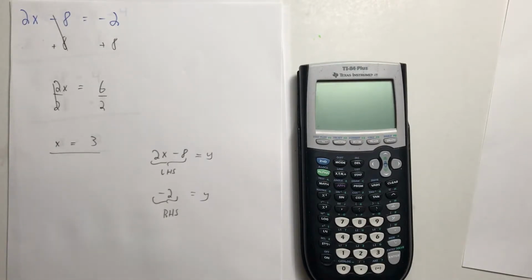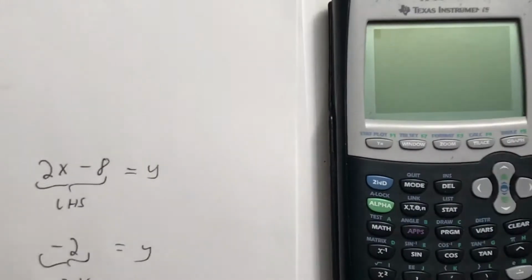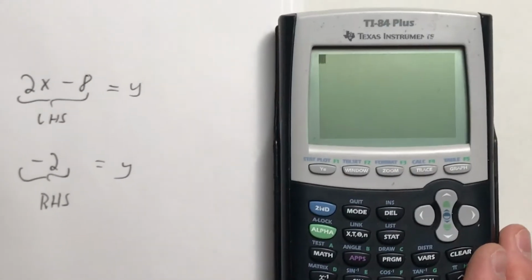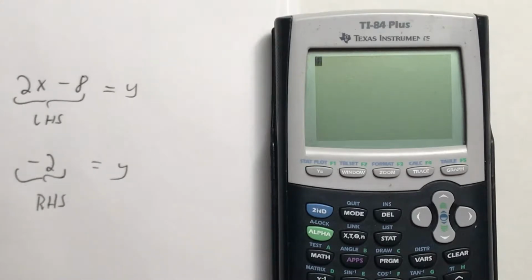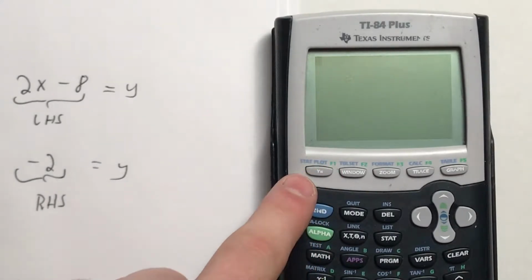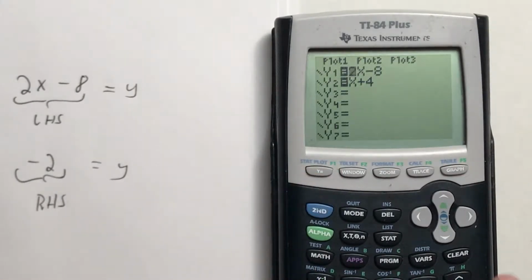So in order to do that, we're going to go ahead and turn our calculator on. And let me get it on the screen here, so you can see everything a little bit better. I'm going to press this y equals button right here. So we have 2x minus 8 as our left-hand side.